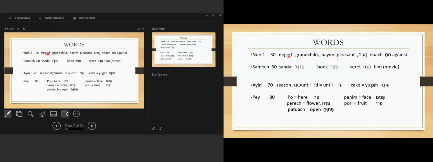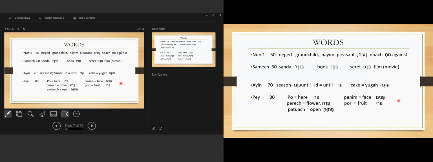Lavan is white. He has lavan on tonight. It's white. Lavan. Lachluchi is dampish. And lama is why.